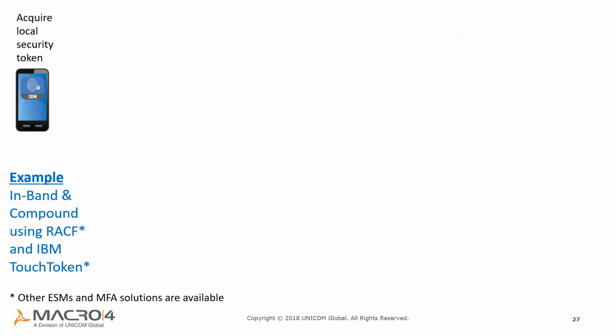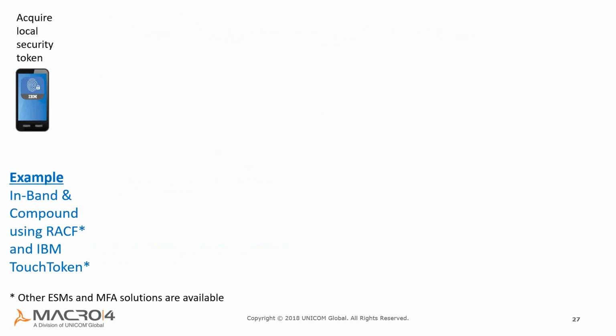So, if we're using the IBM Touch Token software and an Apple iPhone, your phone's been registered, so it's now active. You can actually have 5 users defined on each phone, for some odd reason, with 5 different fingerprints.